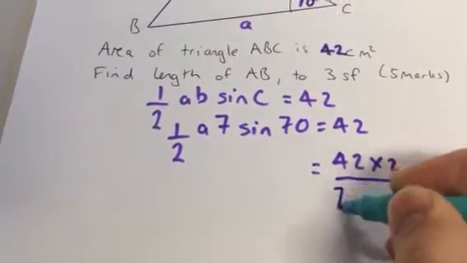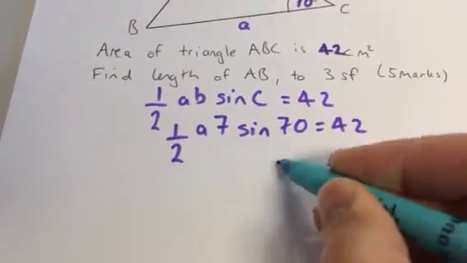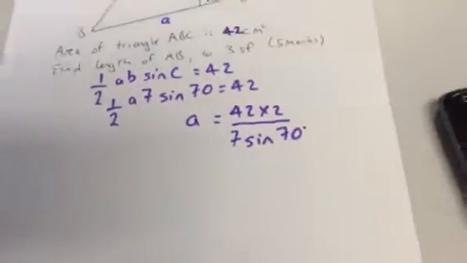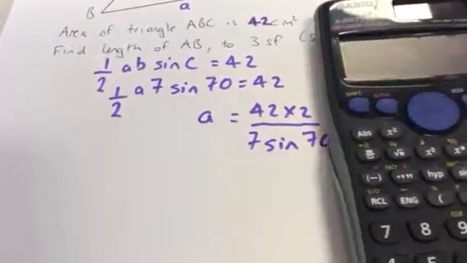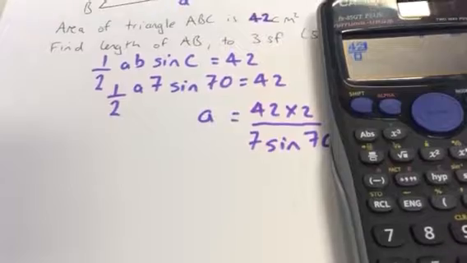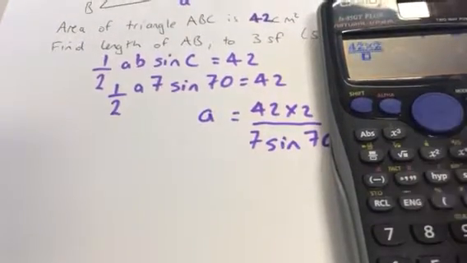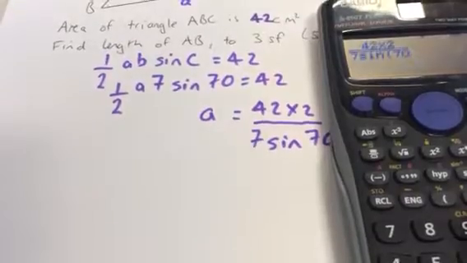Divide through by the 7 sine 70, and that'll equal A. So I can plug that all into my calculator and do 42 times 2 divided by 7 sine 70.